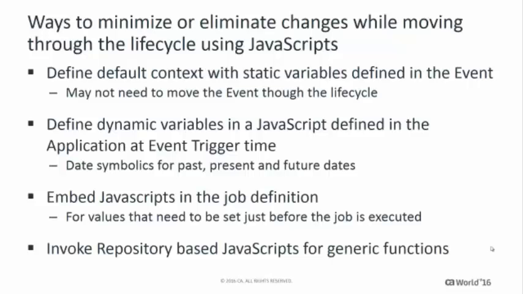If you're embedding a JavaScript in the job definition, then that actually moves it along through the life cycle, and you probably have less variability of names in those environments, because everything will be done within the job and not relying upon outside sources. Or you can invoke repository-based JavaScripts for generic functions.